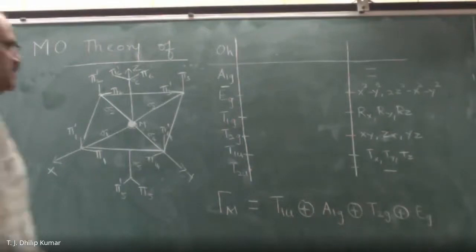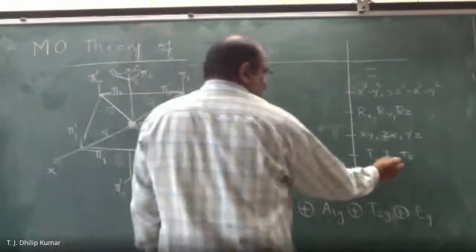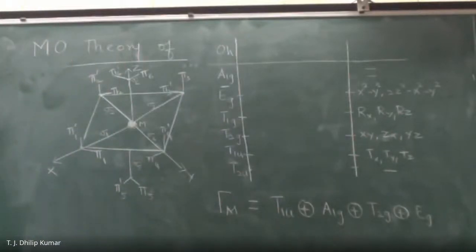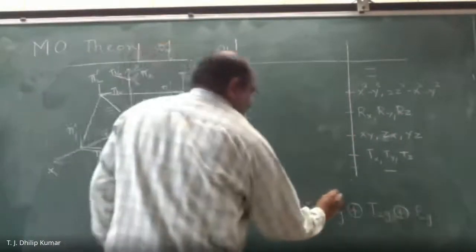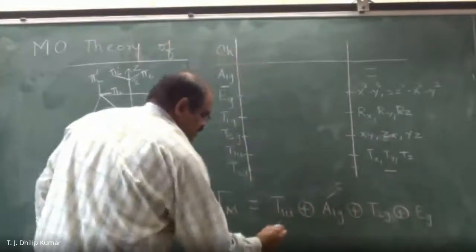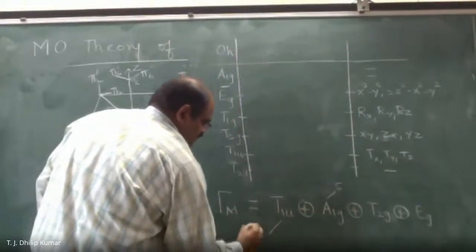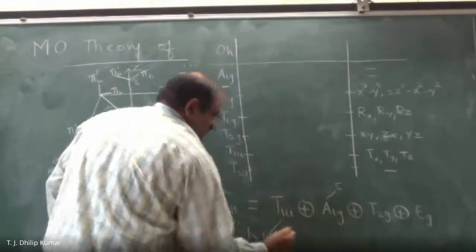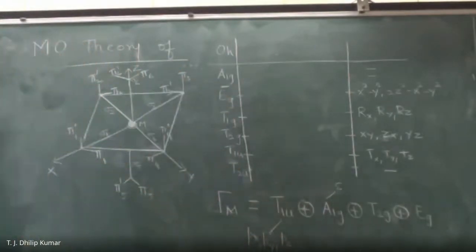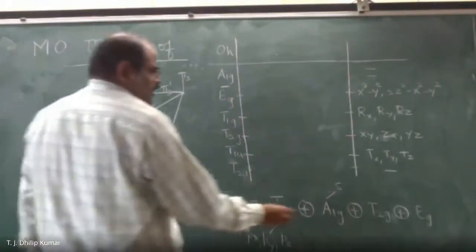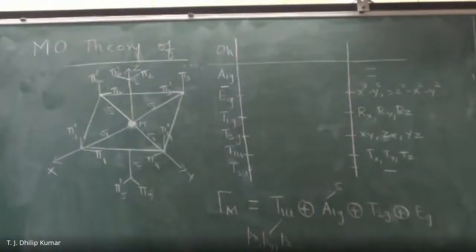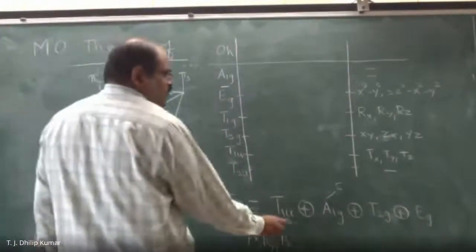T1u corresponds to xyz, so it corresponds to basically px, py, pz. This is the s orbital of the metal, and this corresponds to px, py, pz. Although these orbitals may be inside your d orbitals, the metal still has s symmetry and also p symmetry. So p is px, py, pz, which corresponds to T1u.